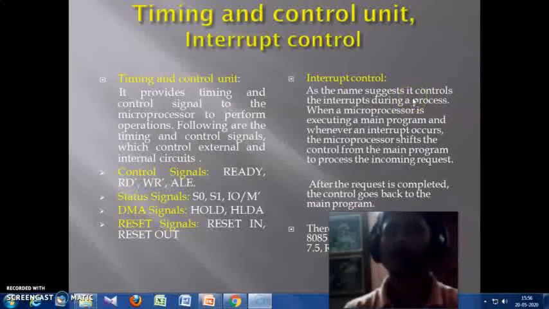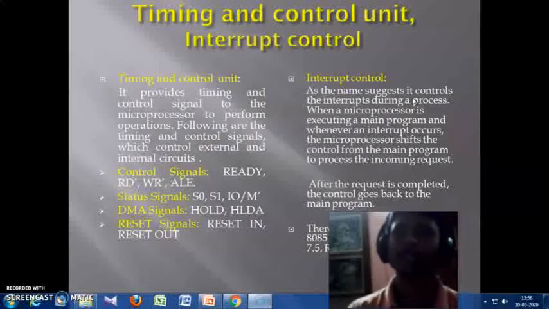If a microprocessor is performing a task, at the same time if some peripheral device is asking to access the microprocessor to perform some operation, at that time an interrupt occurs. It means the microprocessor will give preference to the peripheral device's operations by pausing its operation, on a priority basis.